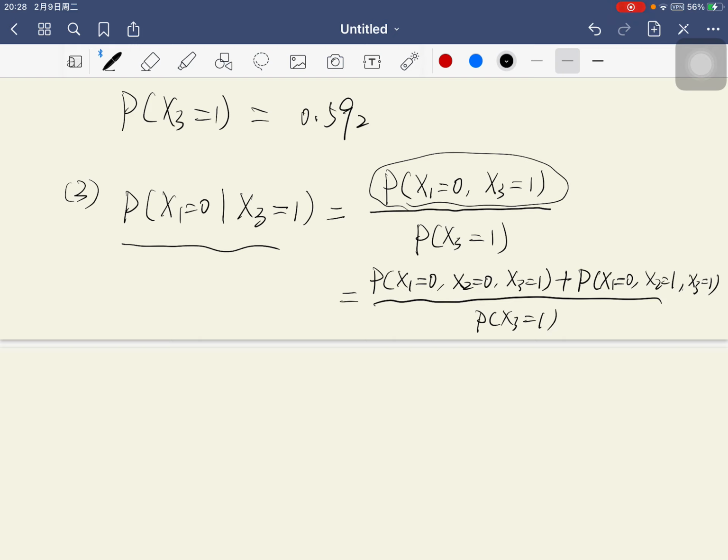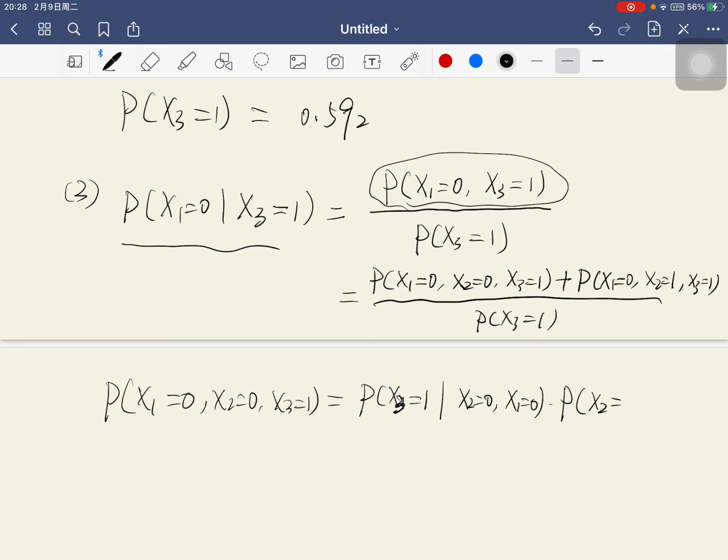So in these two probabilities, we could compute it as: the probability of x1 equals 0, x2 equals 0, and x3 equals 1 is equal to the probability of x3 equals 1 conditional on x2 equals 0 and x1 equals 0, times the probability of x2 equals 0 conditional on x1 equals 0, times the probability of x1 equals 0.